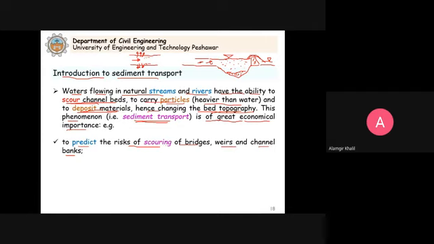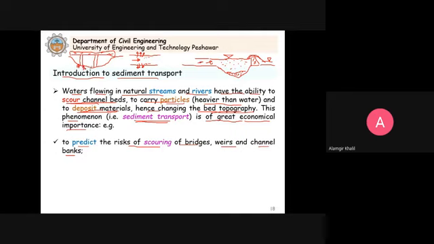For example, scouring of bridges. You already know that, let's say we have this river cross section, and on this we construct a bridge. Let's say this is a bridge, and in the bed of the channel we have the bridge piers. So you see, as the water moves, there may be scouring here, removal of material here.